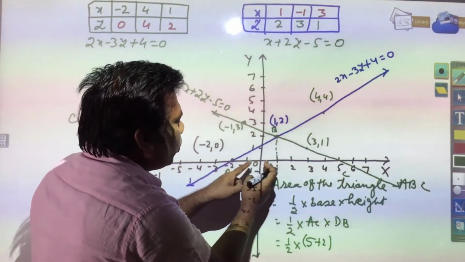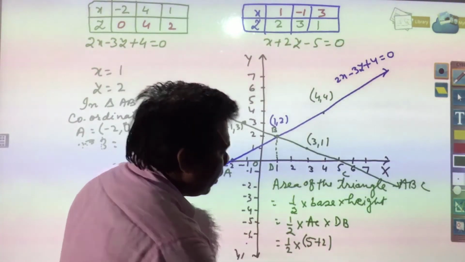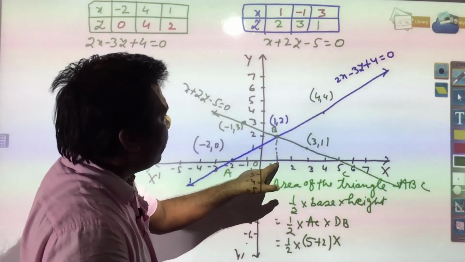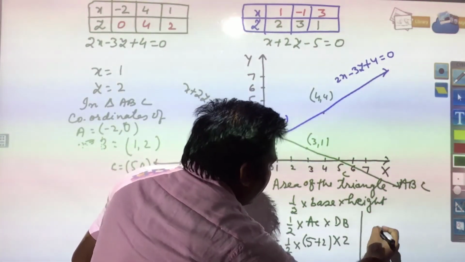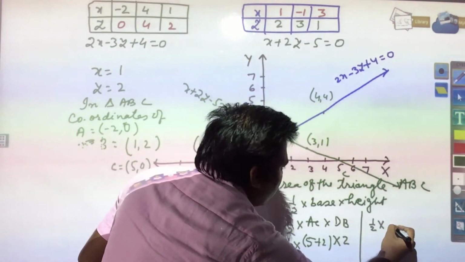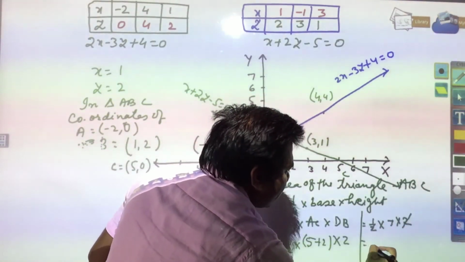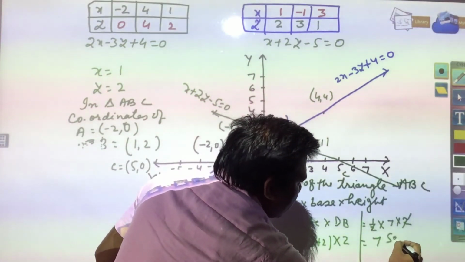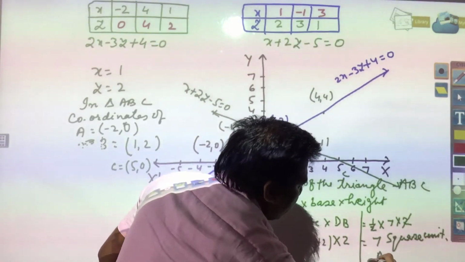This side you have 2 and this side you have 5, together 5 plus 2 means 7, into DB. DB you have 2. So, you will get 1 by 2 into 7 into 2, and the 2 and 2 will be cancelled. Finally, you will get 7 square units, and this will be your answer.